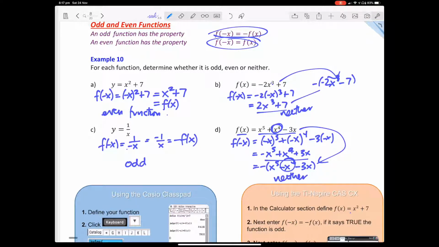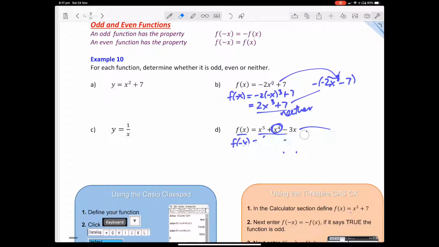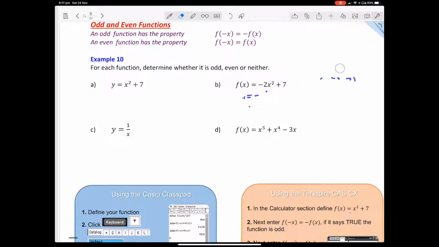Now, so that's working it out and showing it mathematically. But what I'm going to tell you is there's a quicker way to work it out with polynomials or with functions that don't involve sine, cos, and tan. If you look here, that's x to the 2. This is basically x to the 0. And 0 we assume is even. So this function here is even.